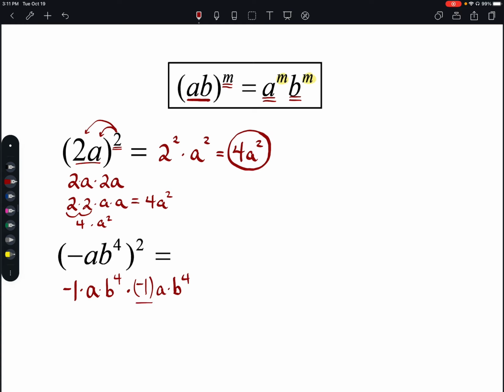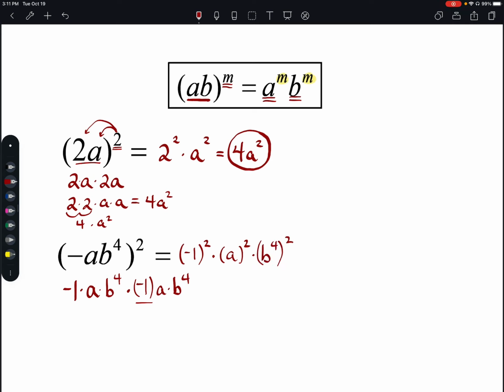I put parentheses around that because I don't want it to look like subtraction, since I'm multiplying another -1. When using the exponent rules, we could think of this as multiplying -1 times itself twice, times a times itself twice, times b to the fourth times itself twice.